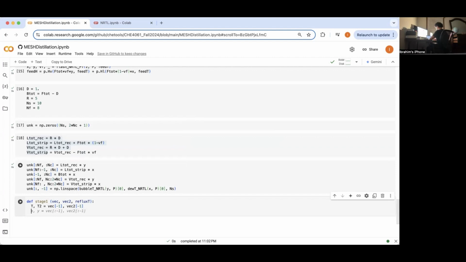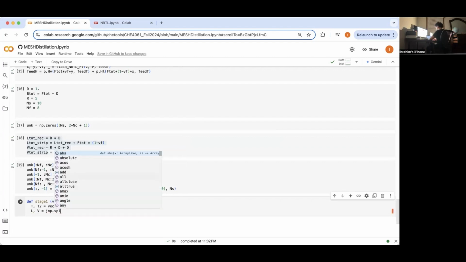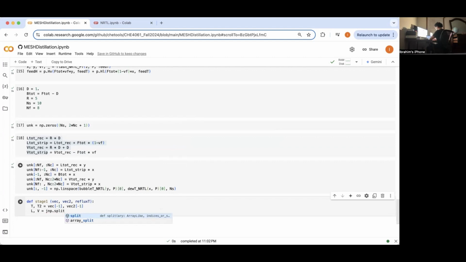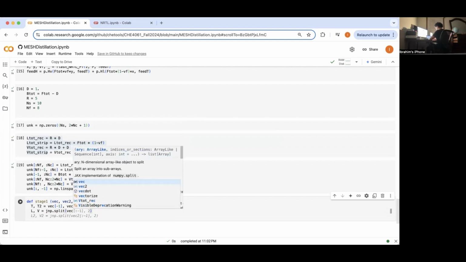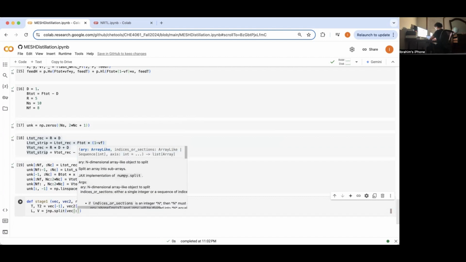Okay. So we're then going to want to set parameters for our liquid and vapor. This is going to be equal to, but we're going to be splitting this, so we're going to be using the JMP function. Splitting this, we get our first vector, which will be grabbing a semicolon -1. So nothing on the left, but we'll have -1 on the right.